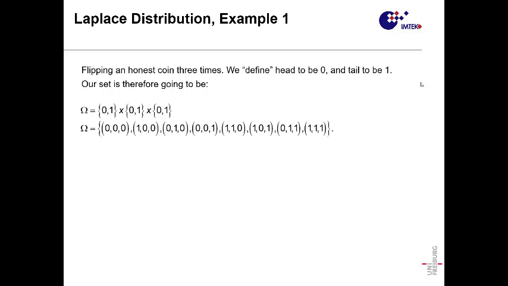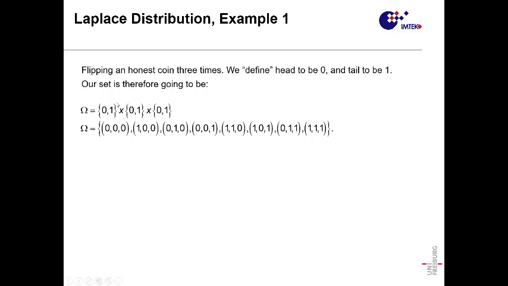So, what is our omega now? It could be that in the first row you get a 0 or a 1, in the second row you get a 0 or a 1, and then in the third row you get a 0 or a 1. Since every flip of the coin has nothing to do with the previous flip, they are independent, right? So we can multiply the probabilities, or the combination of the probabilities.